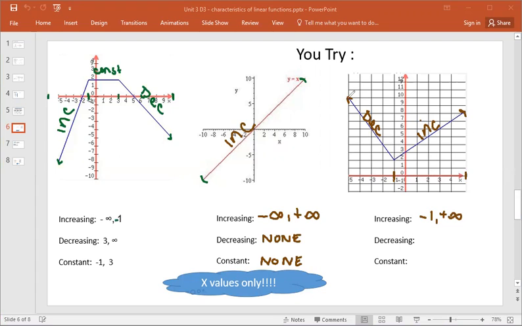It decreases from as far left to the -1, so from negative infinity to -1, and there are no constant sections. So remember, when you're dealing with increasing, decreasing and constant, you want to drop everything to the x-axis and then write those ranges.